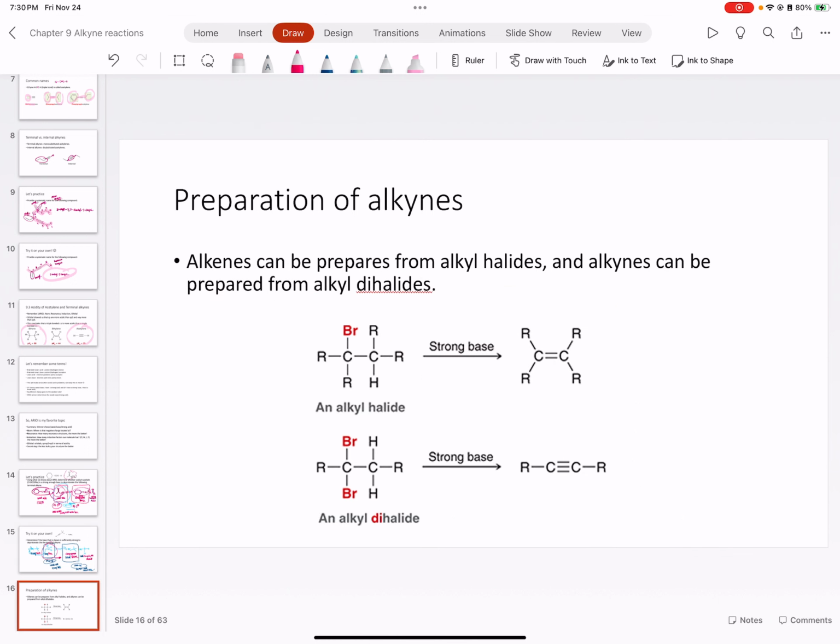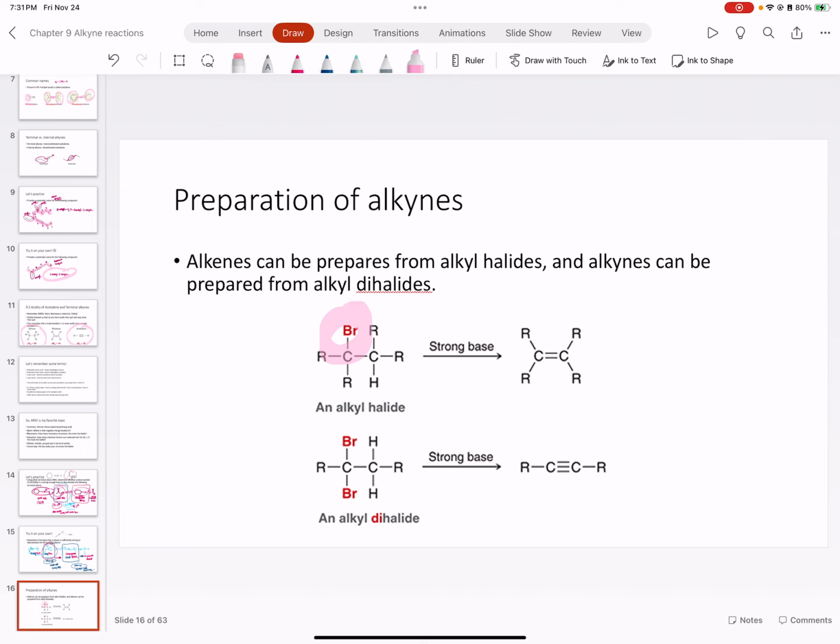Okay, so we can get to some reactions. Preparation of alkynes. Alkenes can be prepared from alkyl halides, and alkynes can be prepared from alkyl halides. Remember, to prepare an alkene, we just needed one halogen.